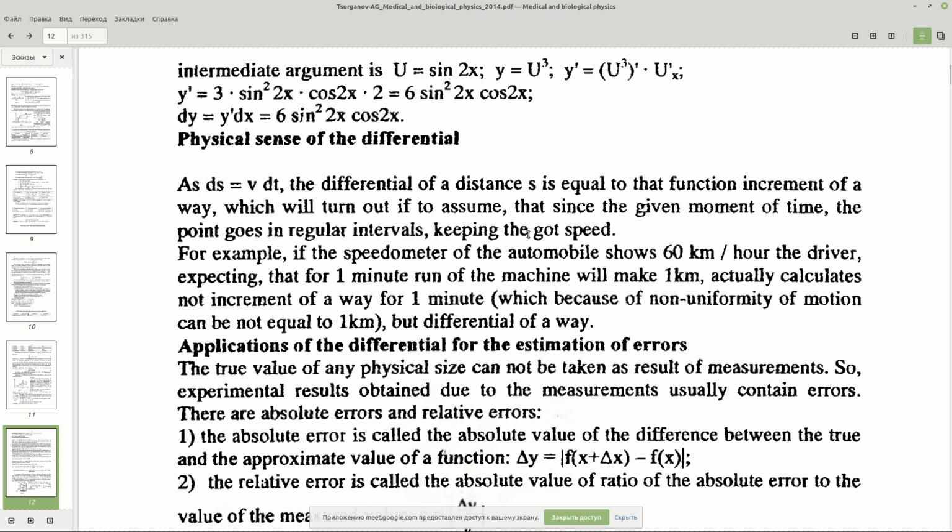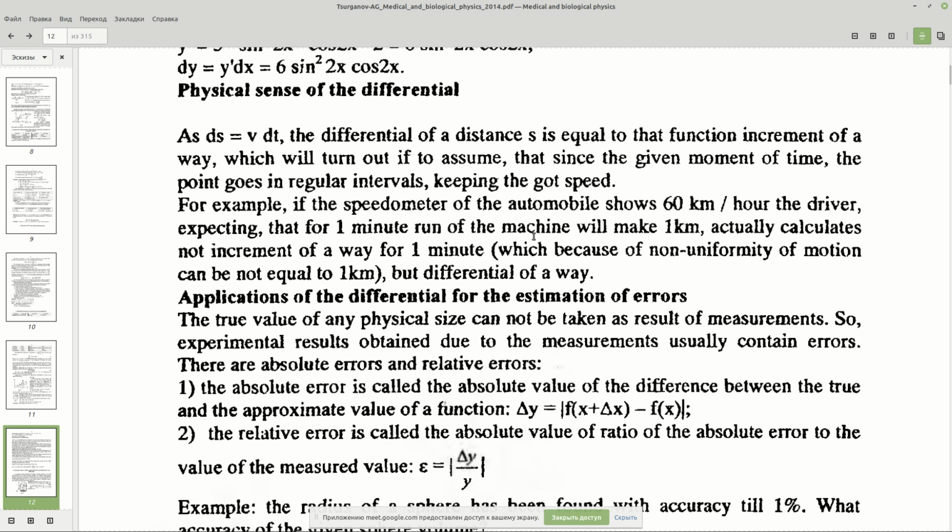Actually, this is not the increment of the path for 1 minute, which because of non-uniformity of motion cannot be equal to 1 kilometer, but the differential of the path.